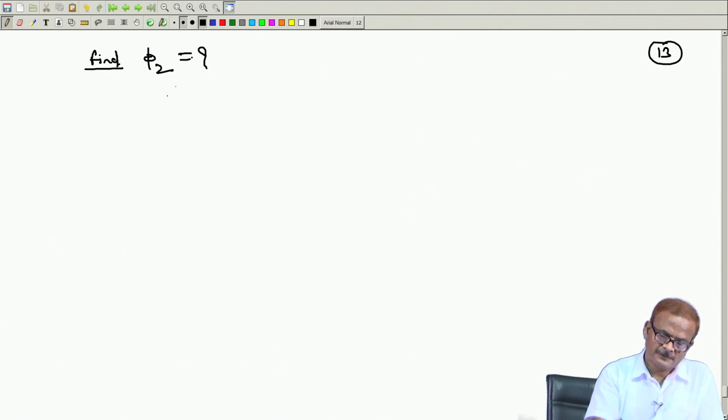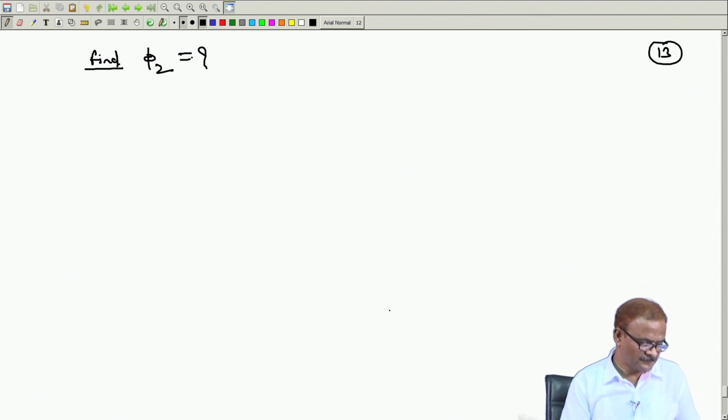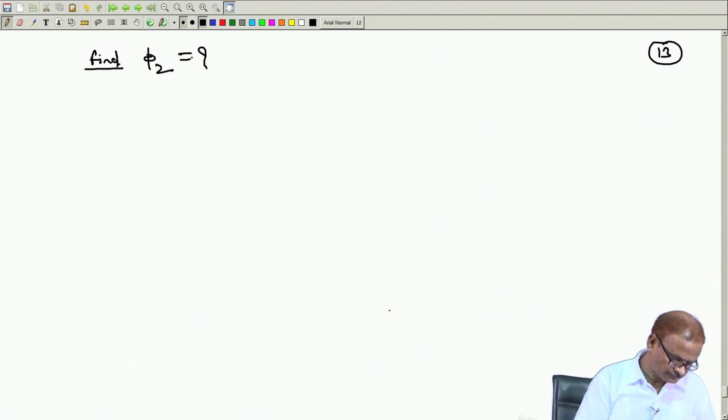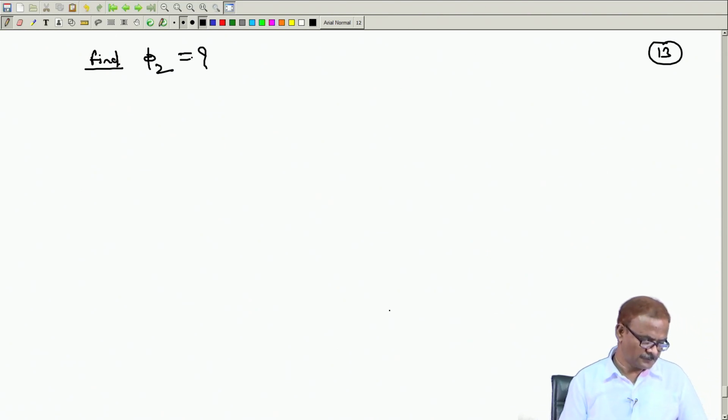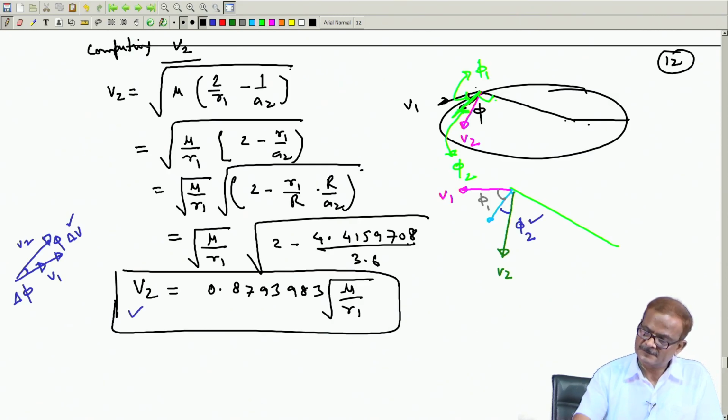If we get this, our job will be done, but still we are away from the final result. At the new position here, this is r 1.